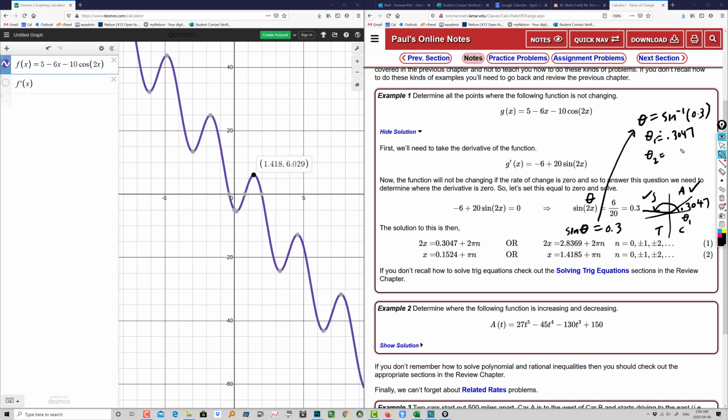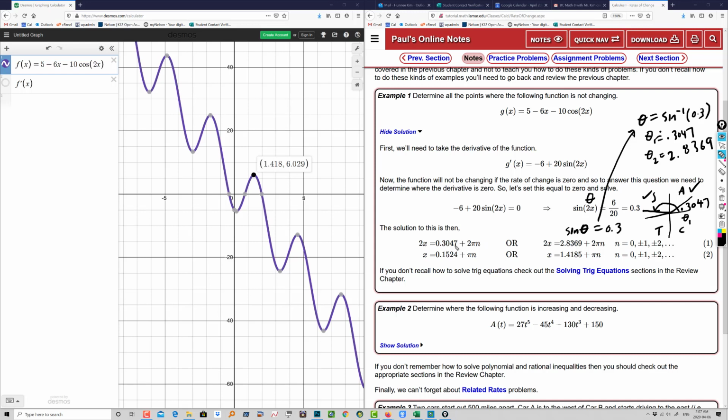So pi minus that value is around 2.84, approximately 2.8369 radians. And you can see it's over here. Now when Professor Paul writes 2x equals that amount, that 2x is your theta. So we have these different answers respecting the different quadrants, the possible values of theta.